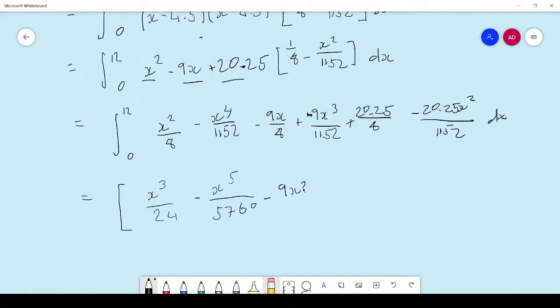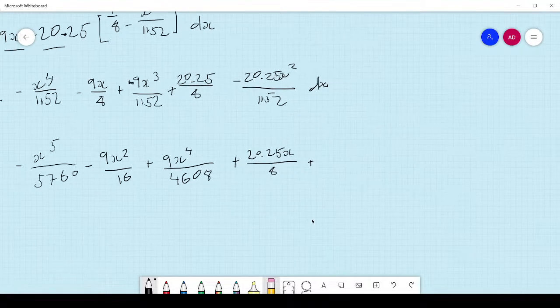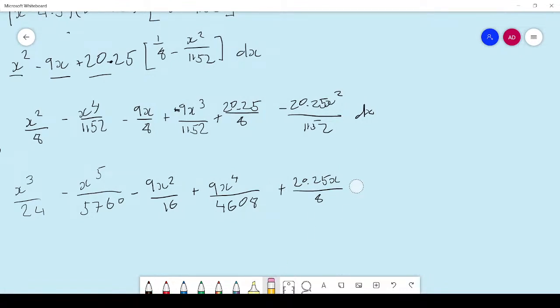Minus 9x squared on 16 plus 9x to the 4 on 4,608 plus 20.25x on 8 minus 20.25x cubed on 3,456. Yeah, that's right. Between 12 and 0.